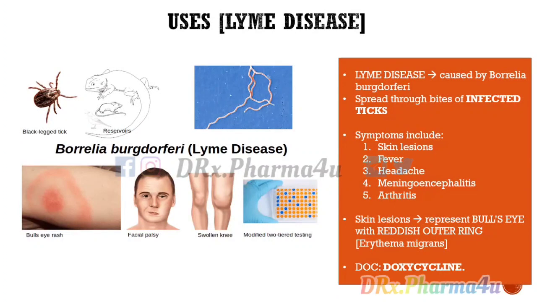So it can inflame the tissues of your brain, and it can cause arthritis as well. The skin lesions usually represent a bull's eye with a reddish outer ring. That is known as erythema migrans. This is a characteristic feature of Lyme disease. The drug of choice is doxycycline.